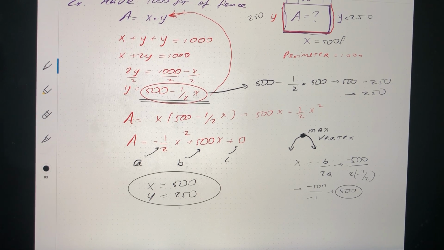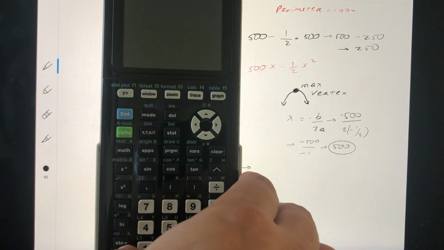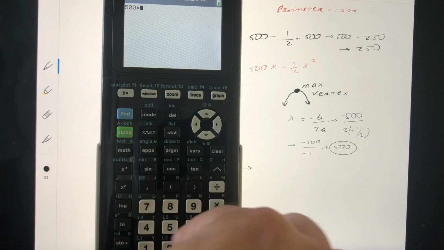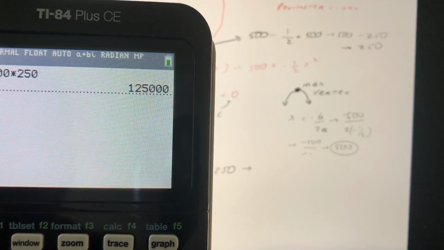These are the dimensions of the garden, and the maximum area is 500 by 250, which, if we use a calculator, 500 times 250, that's 125,000. So our maximum area is 125,000 square foot. So these are the answers to this word problem.